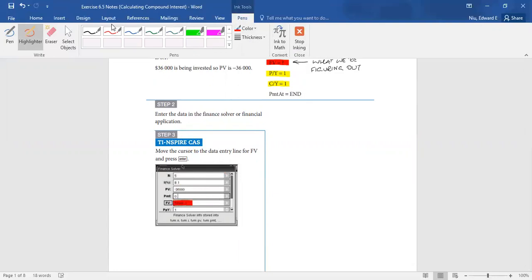Let's just draw these arrows to link these two things up. And hopefully that makes sense.